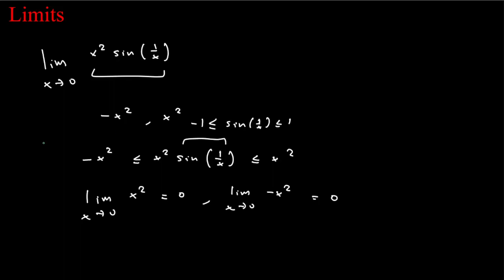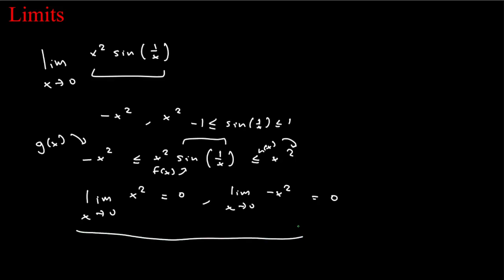By our statement of the theorem, this is g of x, our lower bound, this is f of x, what we're interested in finding the limit of, and this is h of x, our upper one. We've found a way to bound f of x between these two functions around some interval around 0. And we know that the limit of these two bounding functions is 0. And that means by the sandwich theorem, the limit of this is also equal to 0.